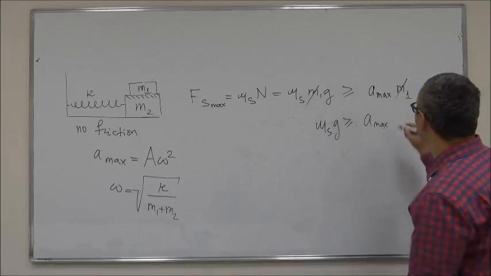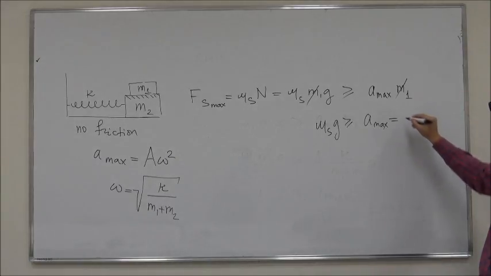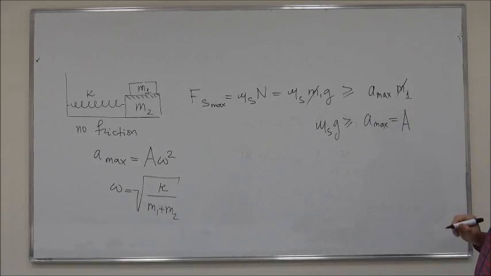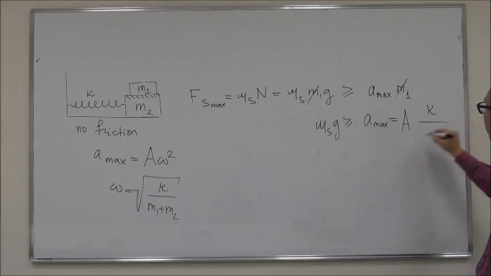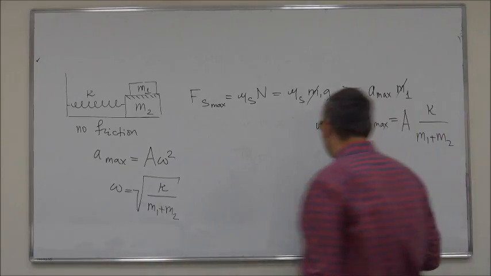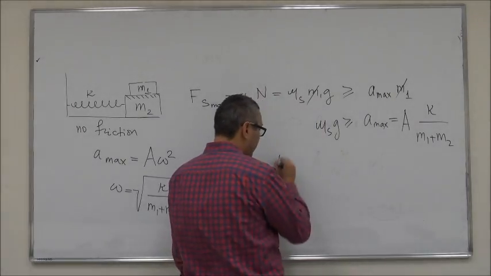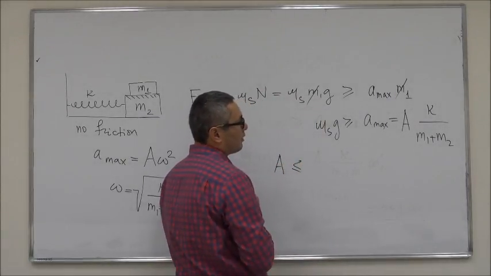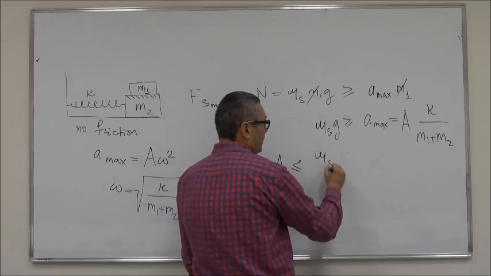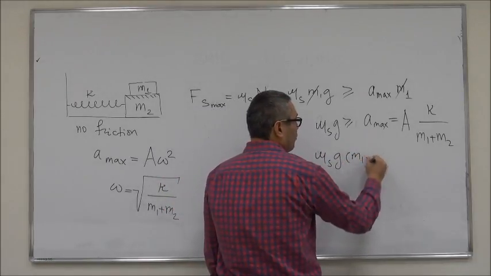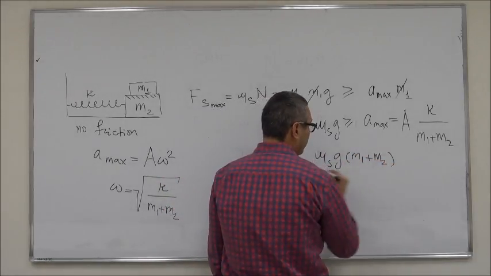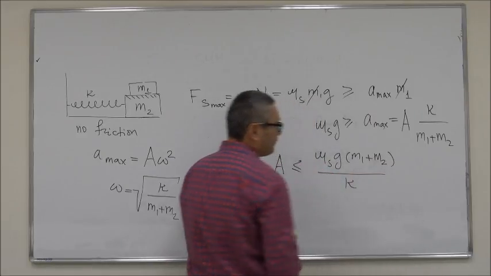But A max is equal to A, the amplitude, times the square of the angular frequency, so that is K over M1 plus M2. And so from here now you can calculate the condition you have to set on the amplitude A. So A has to be less or equal to mu s g M1 plus M2 over K.